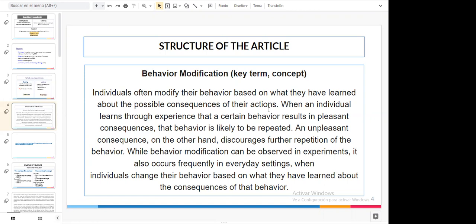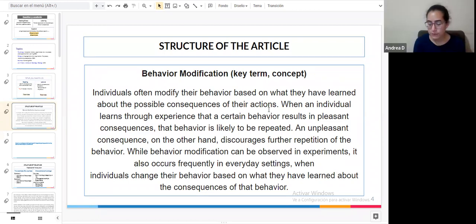On the other hand, this discourage further repetition of the behavior, while behavior modifications can be observed in experiments. It also occurs frequently in everyday settings when individuals change their behavior based on what they have learned about the consequences of that behavior.